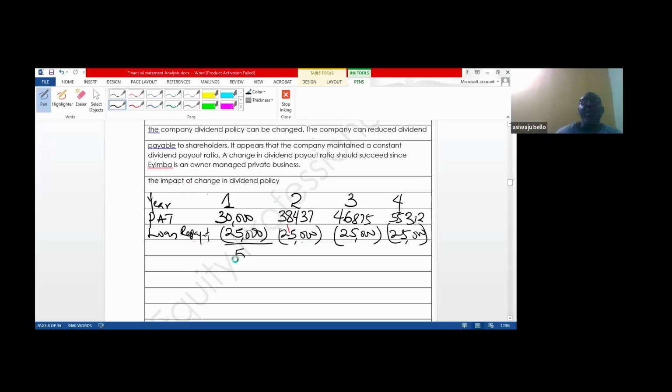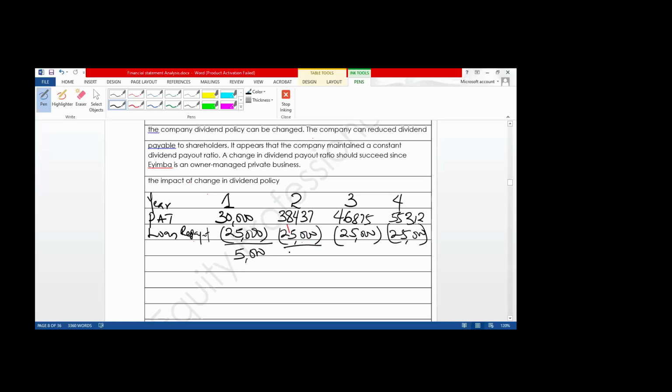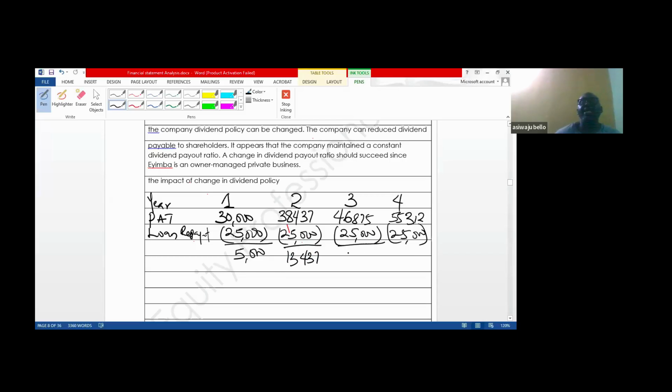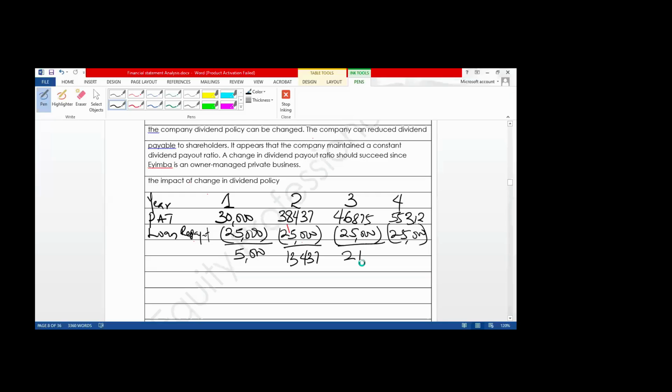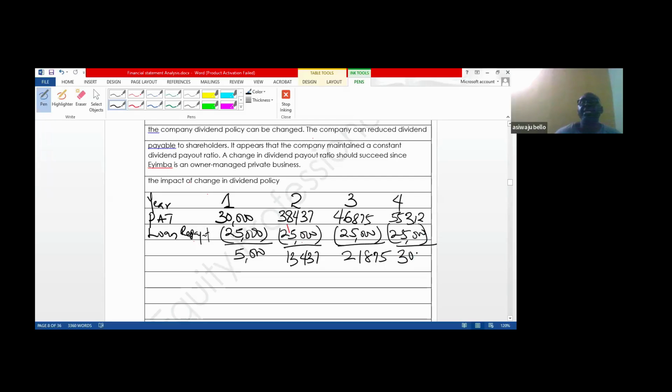This is 5,000. Difference here, 13,437. Balance here, 21,875. Balance here, 3,312.